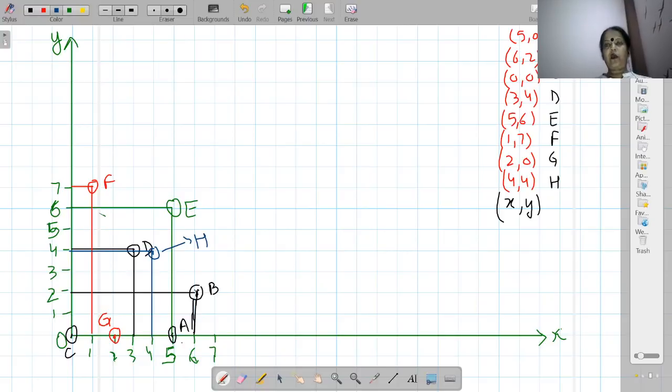Like this you can plot any values in the first quadrant.